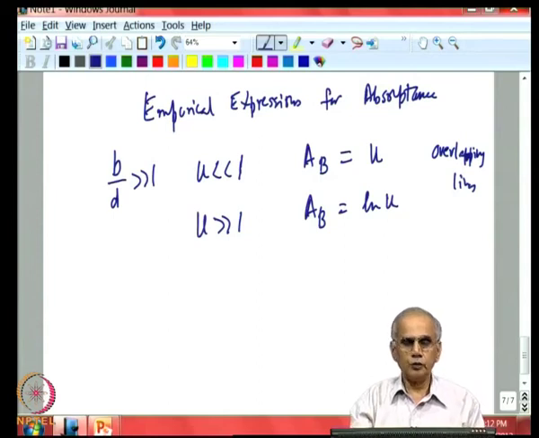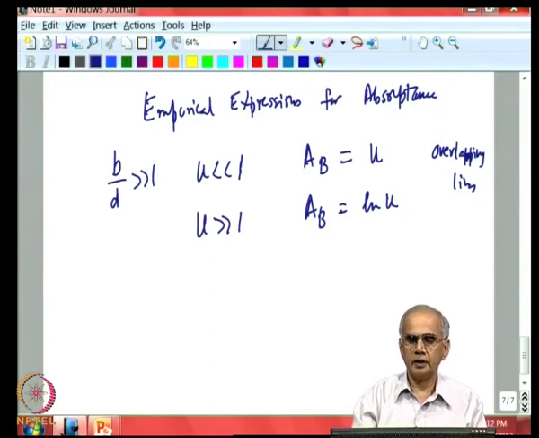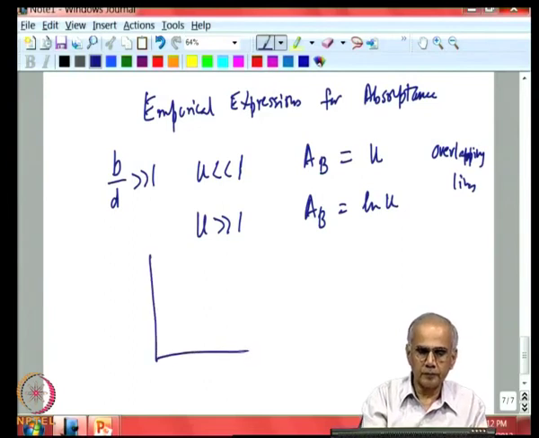So, these are the two very important limits that are available in the literature based on actual measurements of band absorptance of various gases. If we plot it in a graph of A by B with u, you will find a linear variation at this end and a logarithmic one at the other.